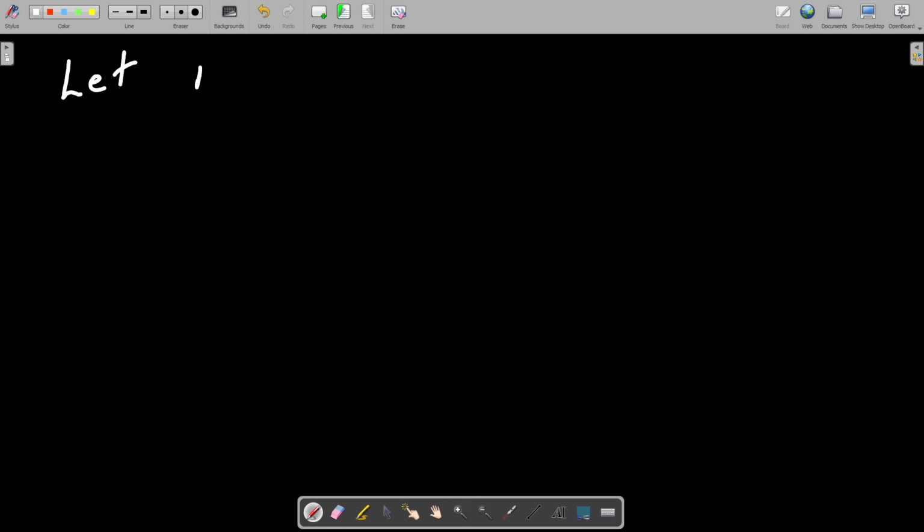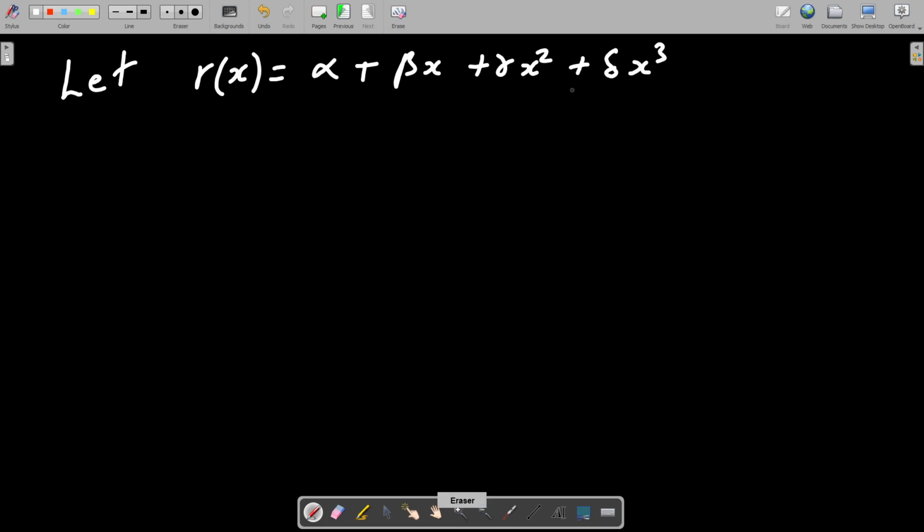So we write let r of x be equal to alpha plus beta x plus gamma x square plus delta x cube. The next alphabet is called epsilon. If I don't know the Greek alphabet, you can just write ABC. No harm in that. Okay, this is what you'll get.